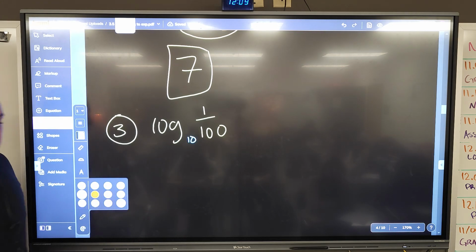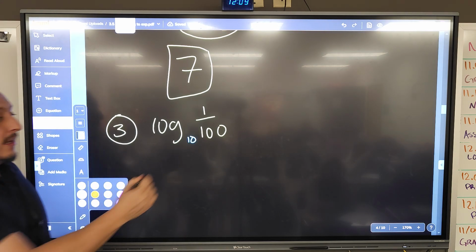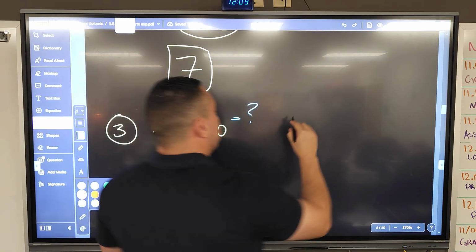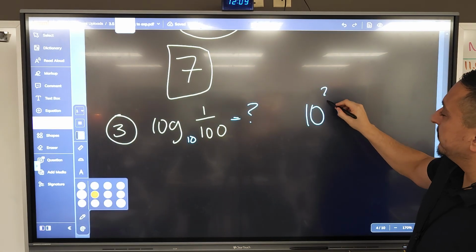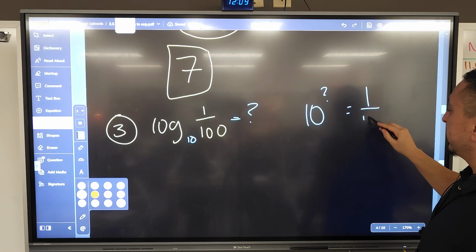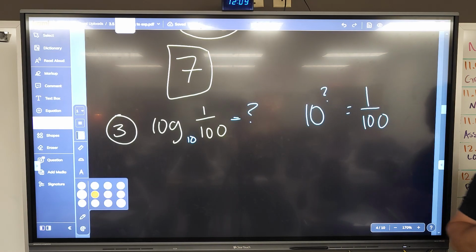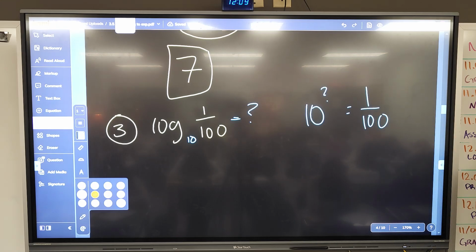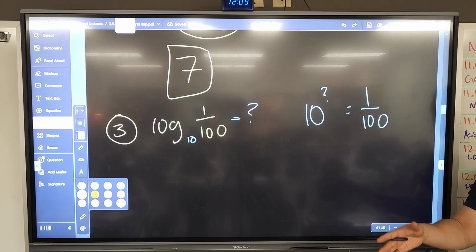So base 10. I don't know what the answer to this is, right? So 10 to what power is 1 over 100? Well, that's confusing because I have no idea. But 10 to what power is a regular 100? 2, right? 10 times 10 is 100.